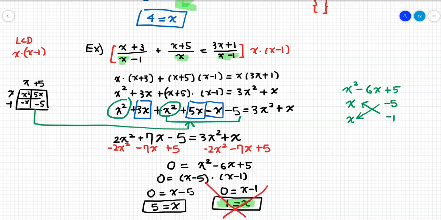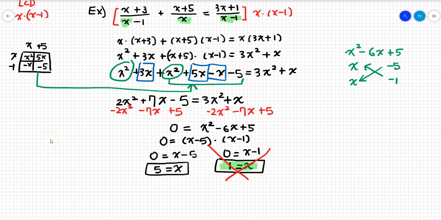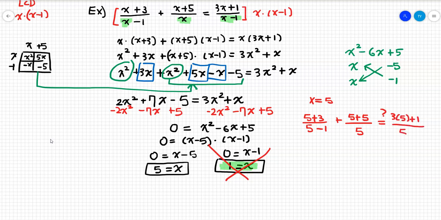Let me just bring this up a little bit. So let's try x equals 5. Then I have 5 plus 3 over 5 minus 1 plus 5 plus 5 over 5. Is this equal to 3 times 5 plus 1 divided by 5 minus 1?